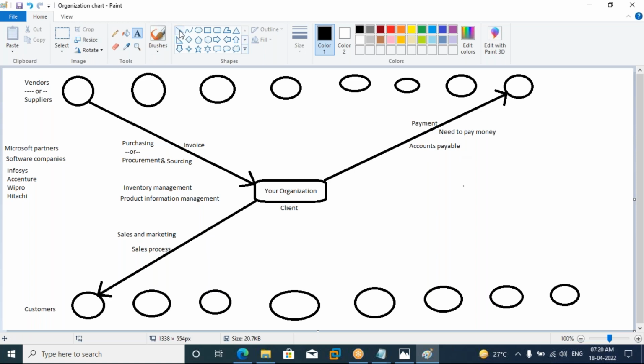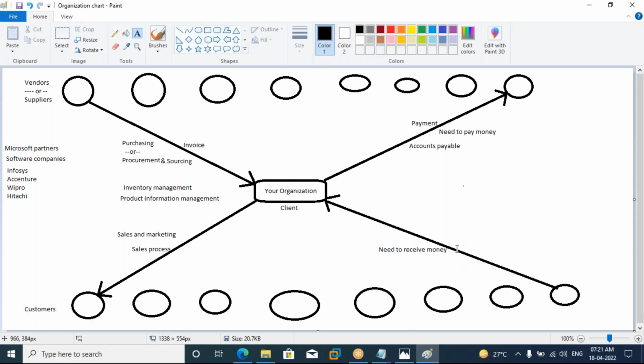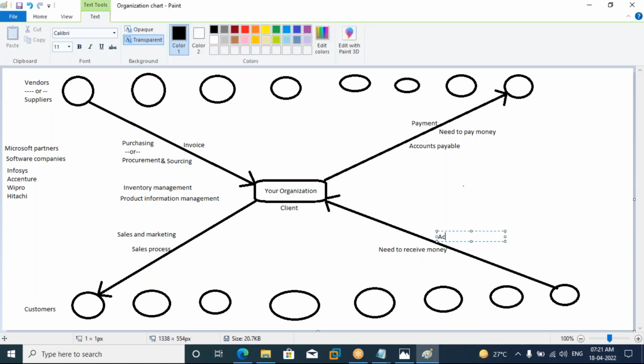And now I need to receive money from the customers. To understand receiving money, we need to understand the module called accounts receivable.